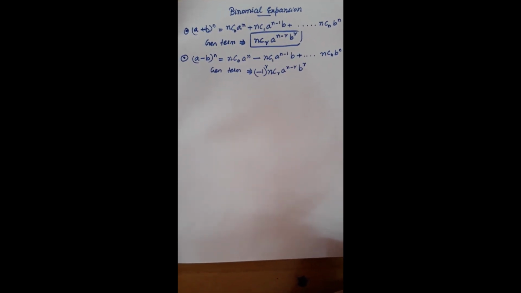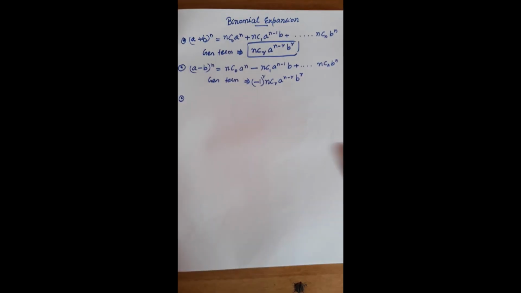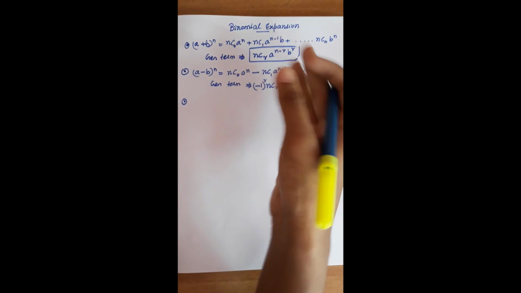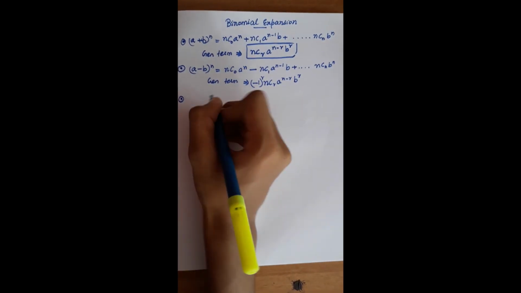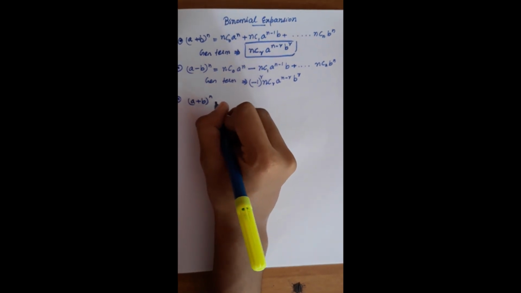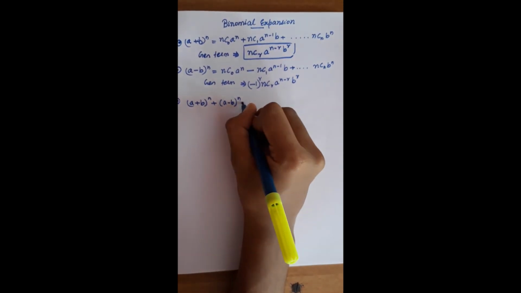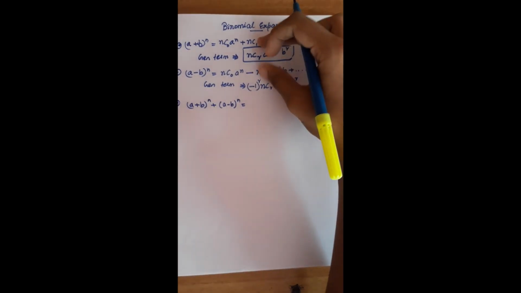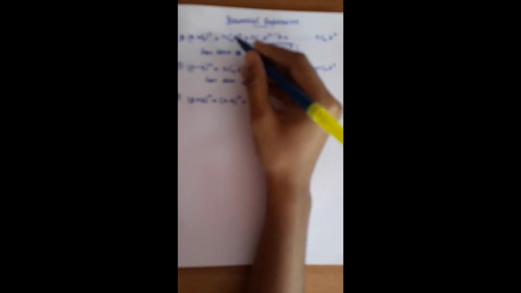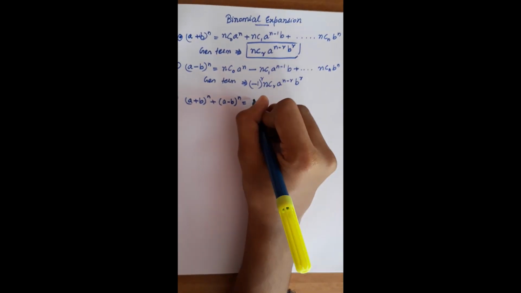Now the next result is derived from these two. It's just simple. What happens when we add these two equations or subtract these two equations? First we add: (a + b)^n + (a - b)^n is equal to, the opposite signs cancel each other. Thus what remains is only the even r terms, but doubled.